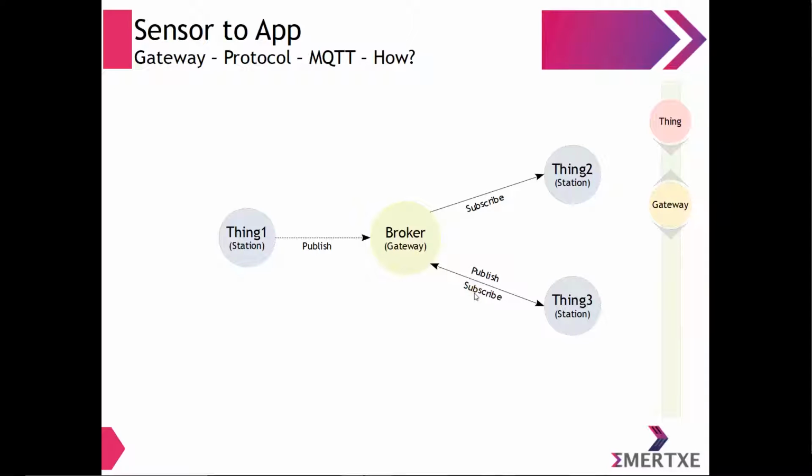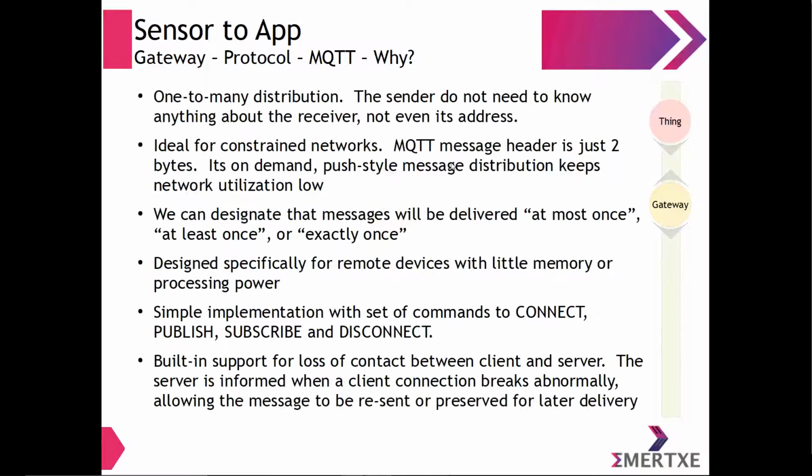It all depends on our requirements. Because of this simplicity and simple implementation which helps us to connect, publish, subscribe and disconnect, and many other features mentioned here which you may go through later, we pick MQTT as our choice.